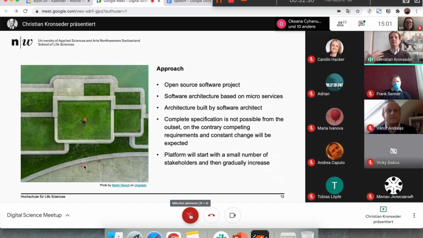So the approach would be, we start with this open source project. We do a certain software architecture, and I was going ahead of myself at that point.